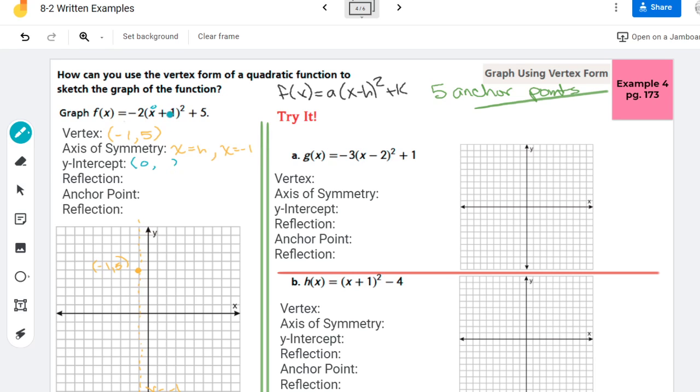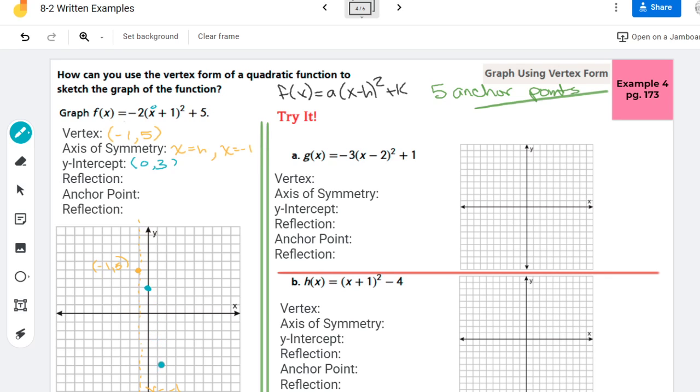Here I would do 0 plus 1, which is 1. Then I would square that, which is still 1, and multiply it by -2. So this entire first part would be -2. If I add 5 to that, I get a 3. So this y-intercept is at 0, 3.